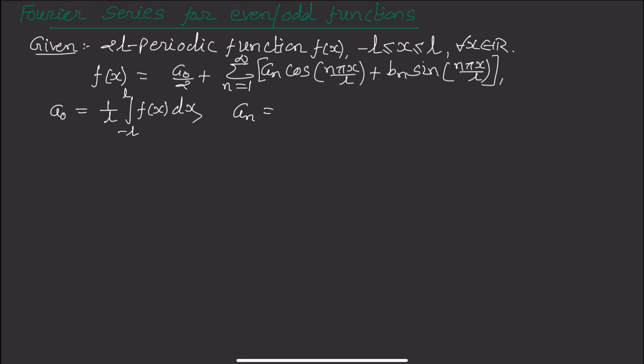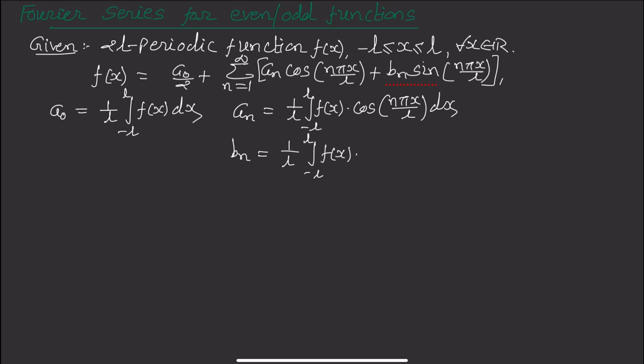An is 1 upon L integration minus L to L f of x into cos n pi x upon L dx. And what is bn? Bn is 1 upon L integration minus L to L f of x into sine n pi x upon L dx.